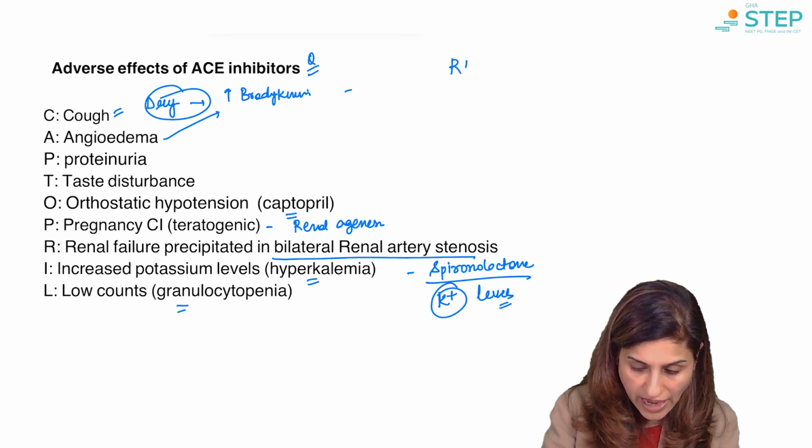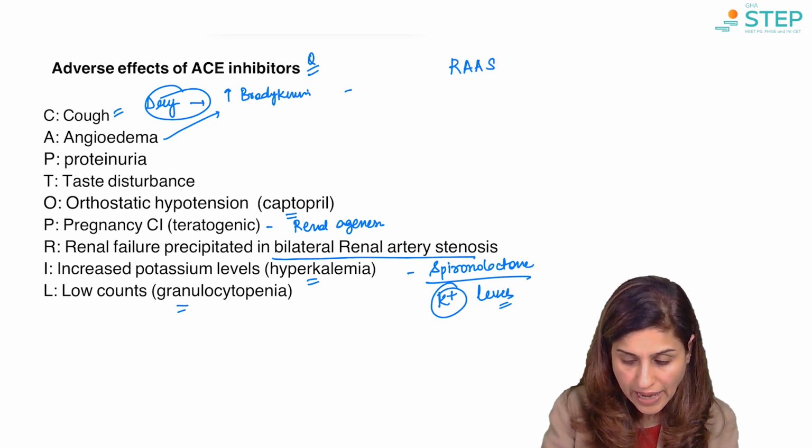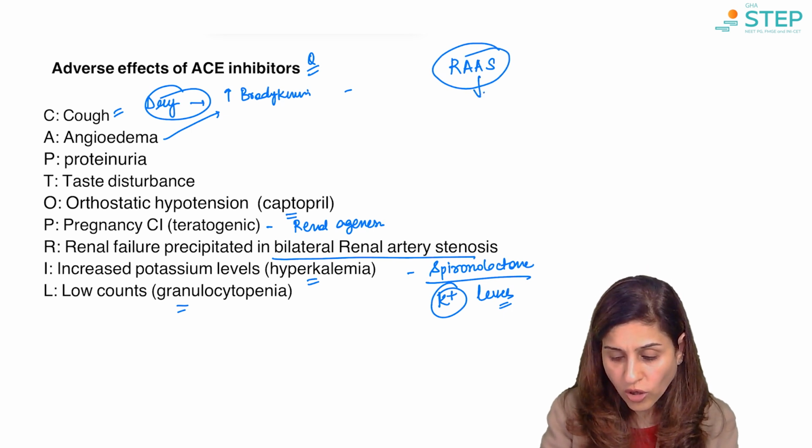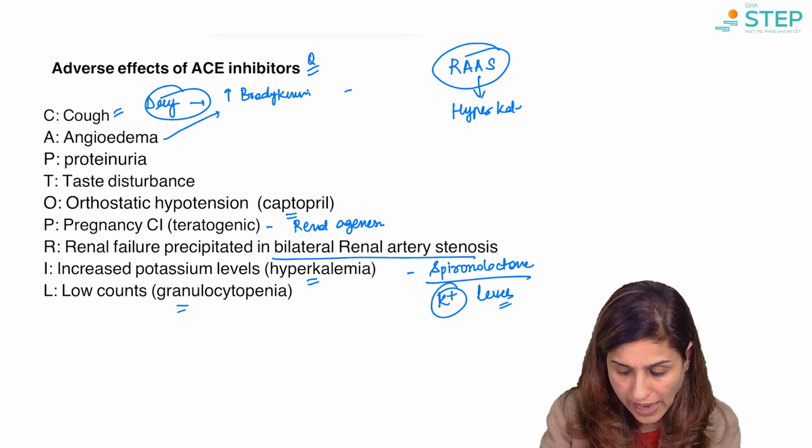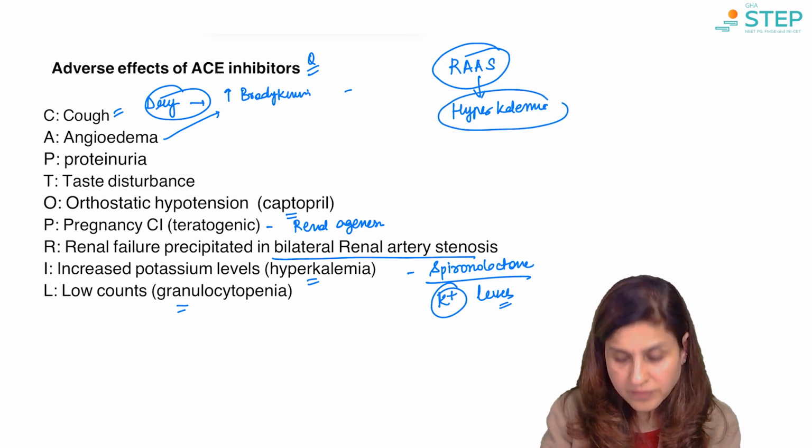All the drugs which act on the renin-angiotensin-aldosterone system, all of them will have hyperkalemia as their side effect, right?